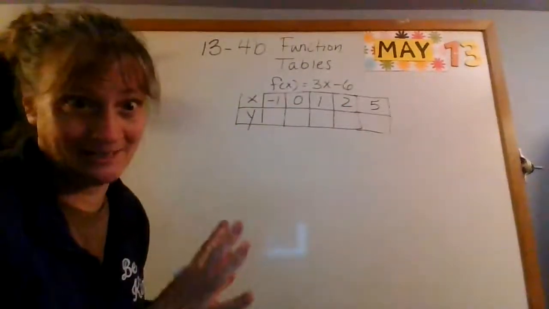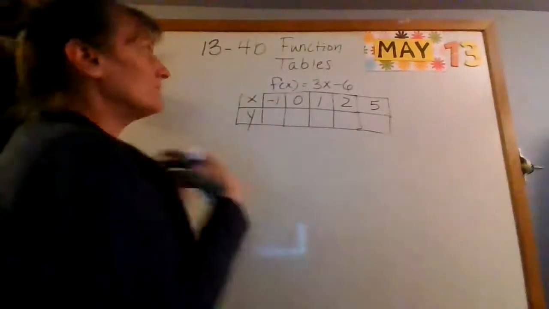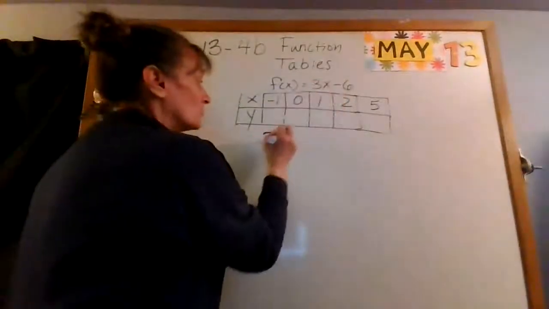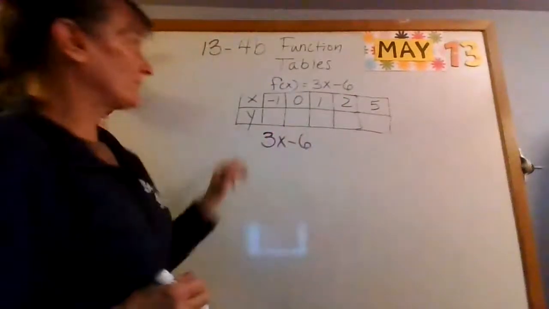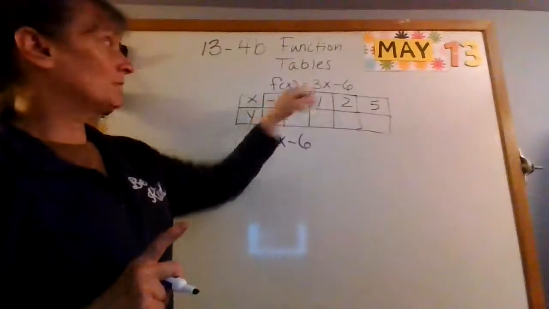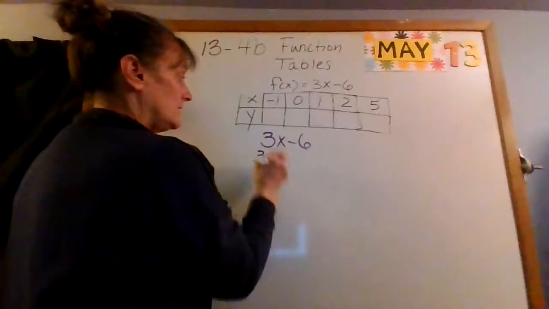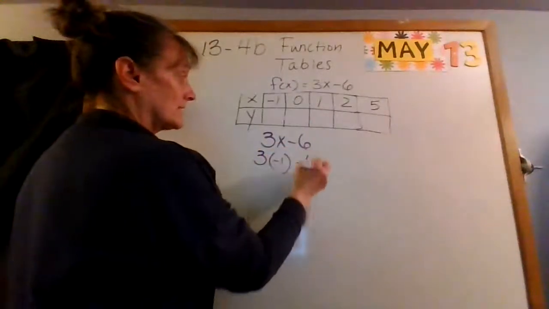It appears to be still taping. All right, so let's give it a try. If I were you, I would write my function rule down here. And then I'm going to put in one at a time. I'm going to put in my x into here. So here it's -1. So I'm going to do 3 times -1 minus 6.